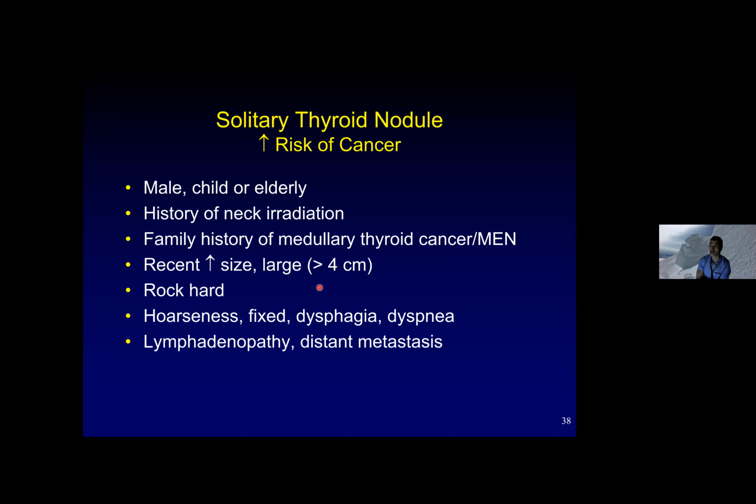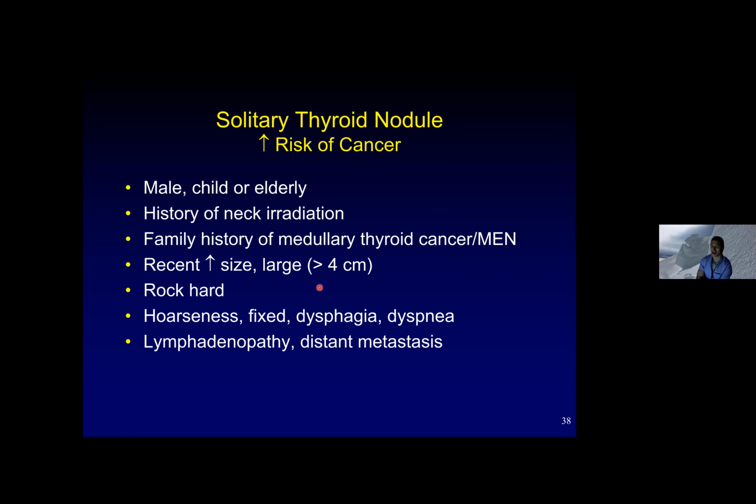Of course, a family history of thyroid cancer, particularly if you're suspecting medullary thyroid cancer or multiple endocrine neoplasia. Recent changes, so for instance, if the patient suddenly noticed an increase in the size, especially if it's greater than 4 centimeters, that would be worrisome for thyroid cancer.